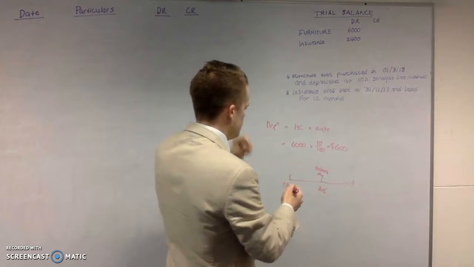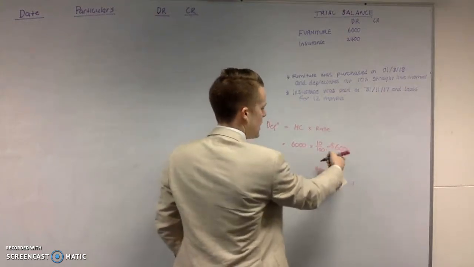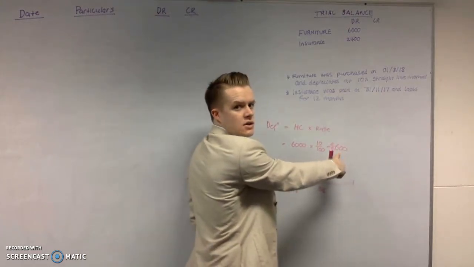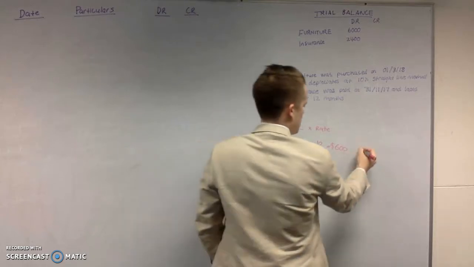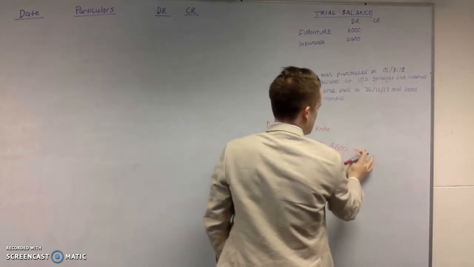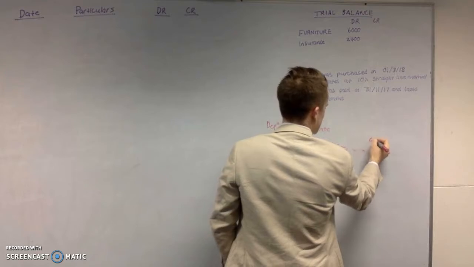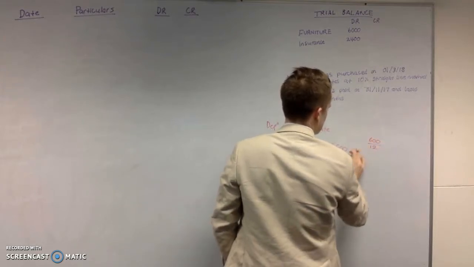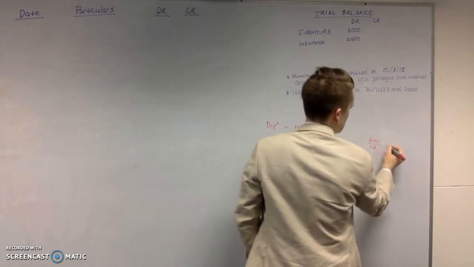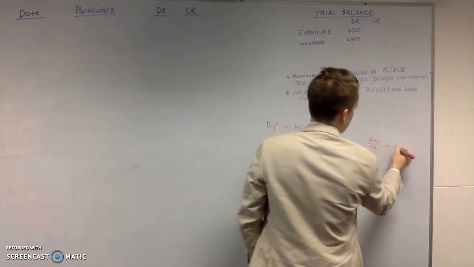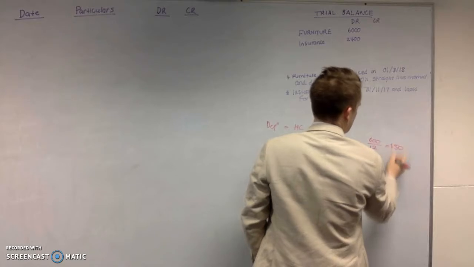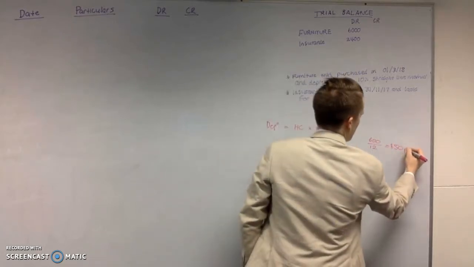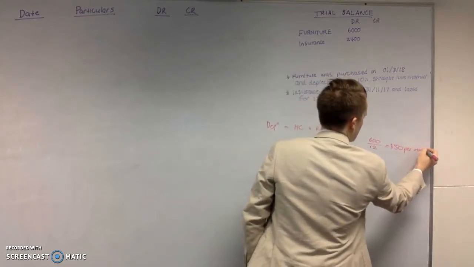In order to do that, we need to get this figure, the $600, into a per month figure. So 600 over 12 will give us $50 of depreciation expense per month.